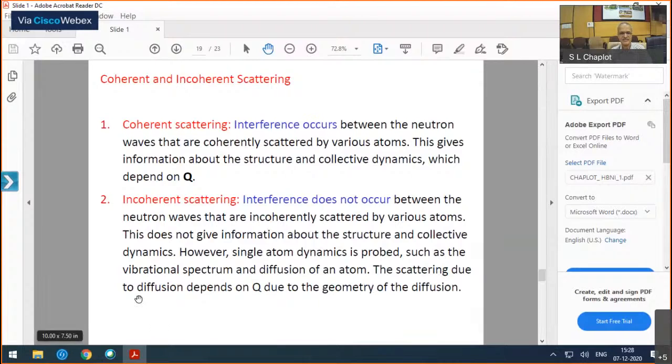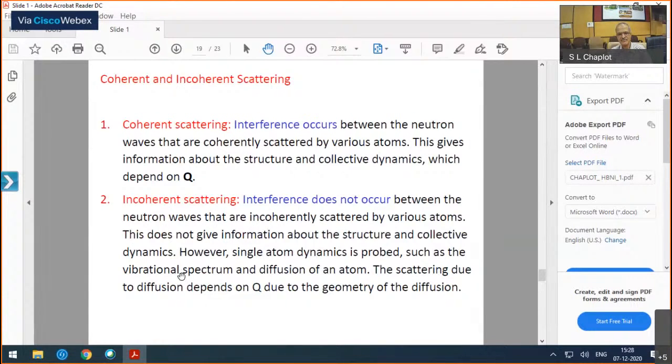However, the scattering due to the vibrational spectrum doesn't have the same kind of Q dependence. It has a certain Q dependence we will come to, but largely there is no significant Q dependence, because you're focusing attention on a given atom.